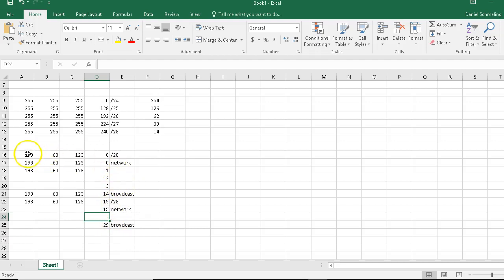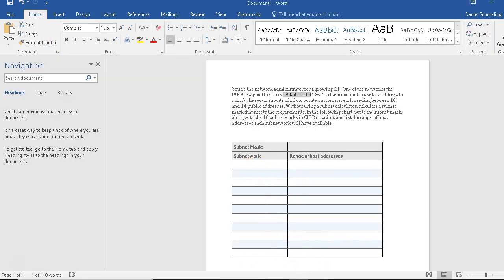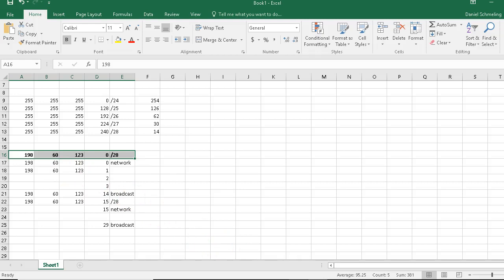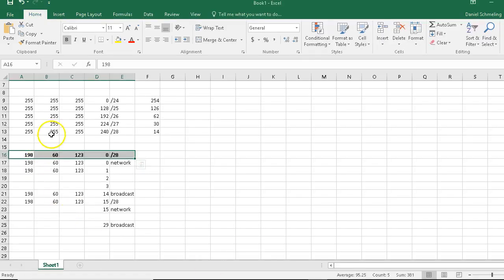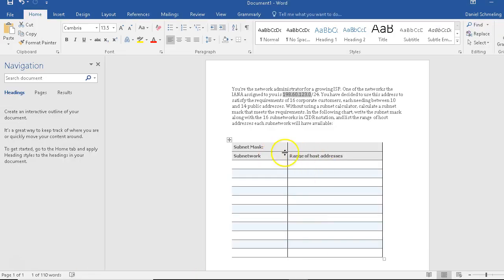So our first answer we would give is this one, right? In our chart, we would write 198.60.123.0/28, right? Our subnet mask would be 255.255.255.240, which is the /28.